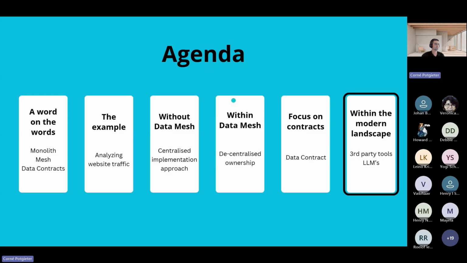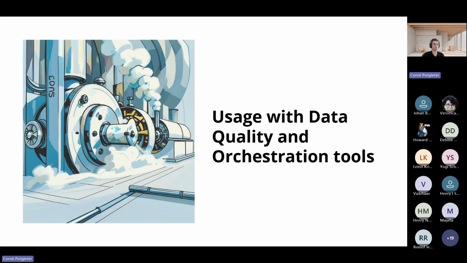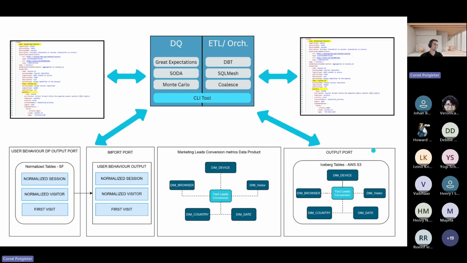I'm going to extrapolate on that example in how this would fit into data quality tools and orchestration tools. You can imagine, let's use this example again, where you have data quality tools like Great Expectations, Soda, or Monte Carlo.